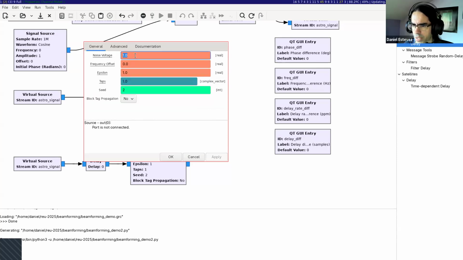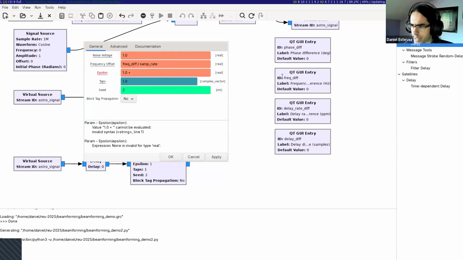The good way to think about it is that it's normalized to the sample rate. So if we have the frequency difference in hertz, and we also have the sample rate in hertz, then we need to divide. And now we have basically a frequency offset in cycles per sample, which is the result of this division.